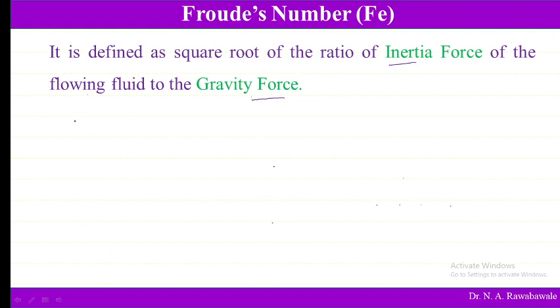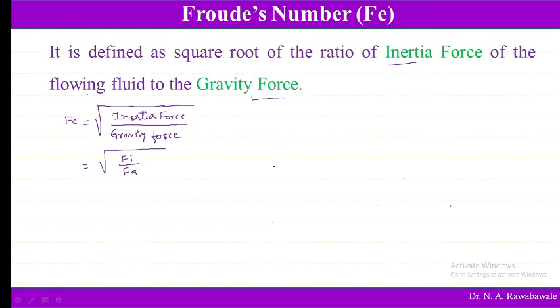Fr is defined as the square root of inertia force to the gravity force, or this can be written as square root of Fi divided by Fg.